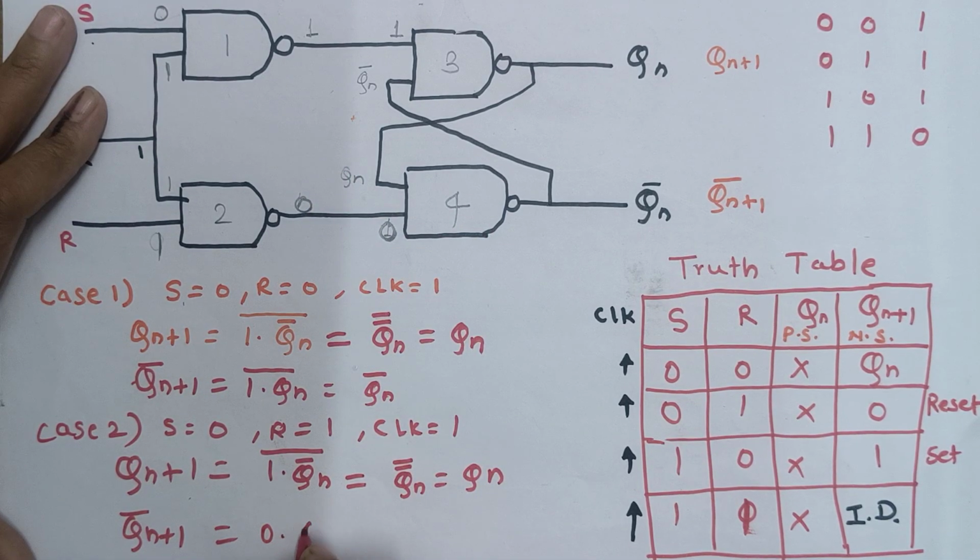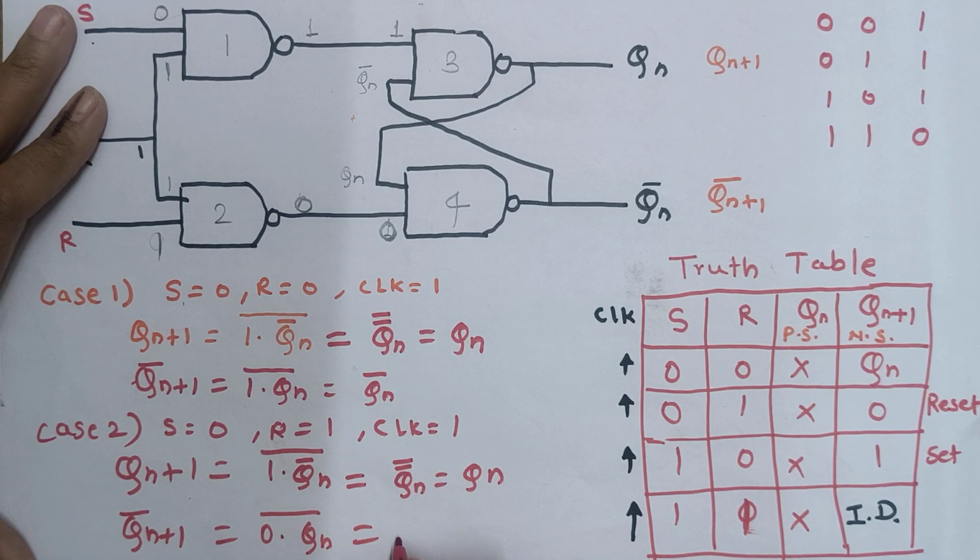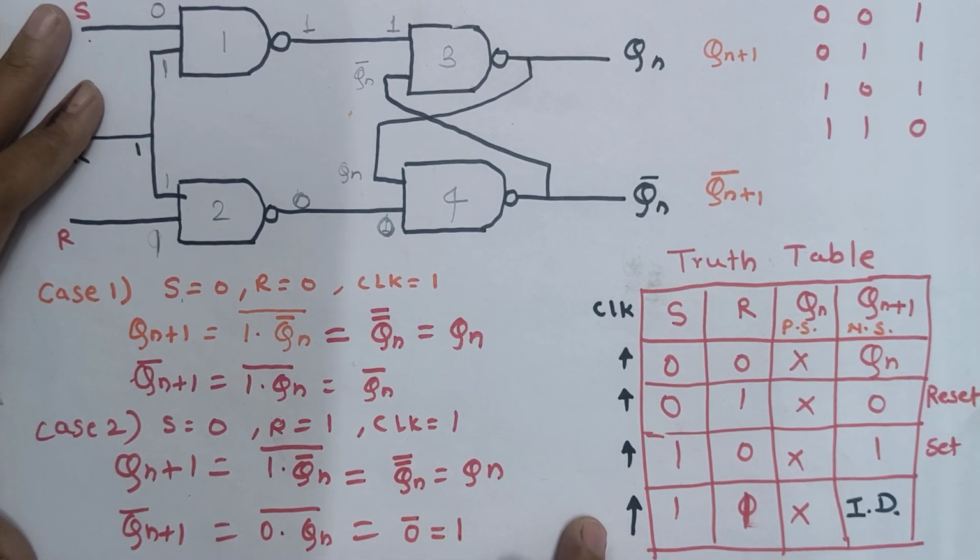So 0 into Qn will be the output for the fourth NAND gate for the next state. So 0 into Qn, of course that is 0 bar, so the output will be 1 in this condition.